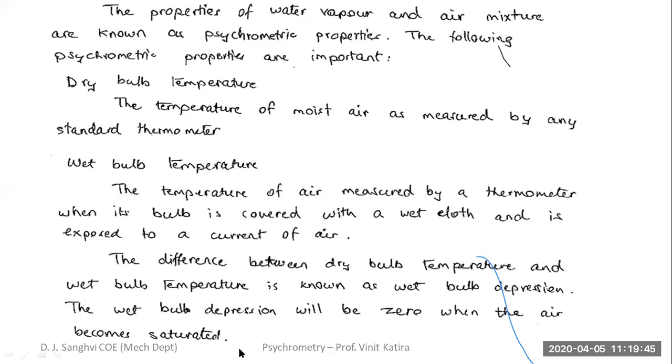And this wet bulb depression will be zero when the air is completely saturated. That means the air cannot hold any more moisture, so the wet cloth is not able to evaporate the water, and hence the water won't vaporize and is not going to carry away additional heat. Therefore, wet bulb depression is zero when the air becomes saturated.